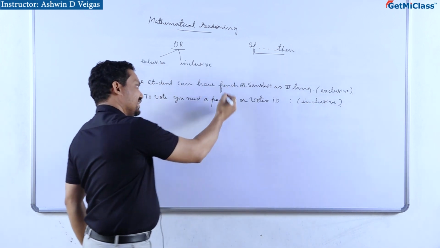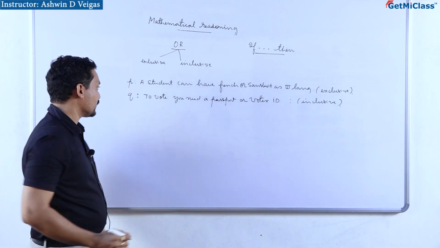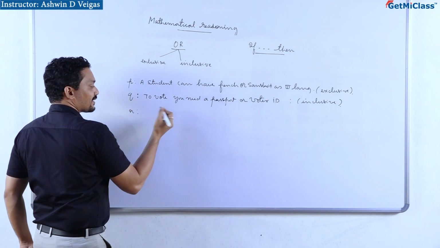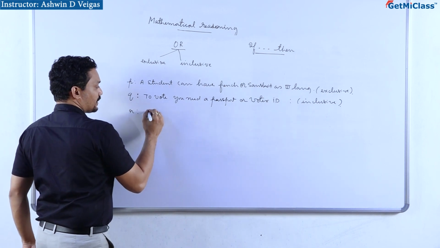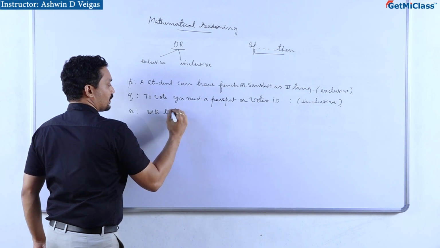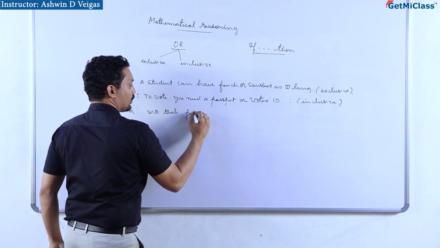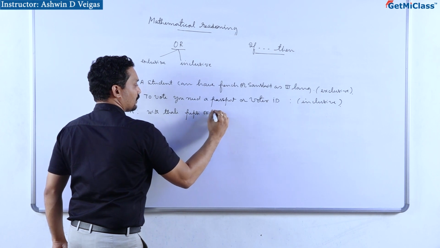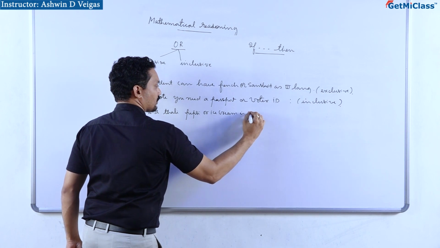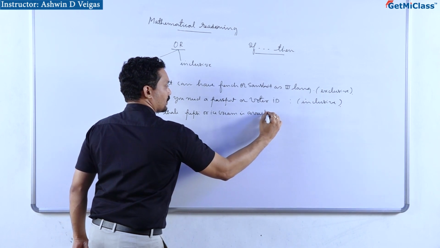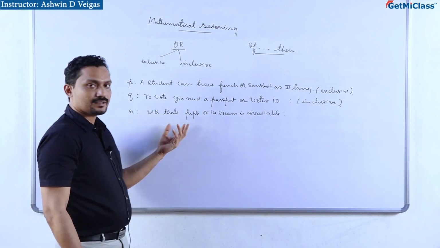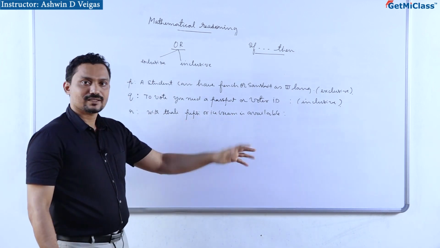Okay. Now, to understand this better, one more example I will give. Let me call it statement R. In a restaurant, let us say with thali, Pepsi or ice cream is available. Now, you have to decide what kind of or is this. With thali, Pepsi or ice cream is free.